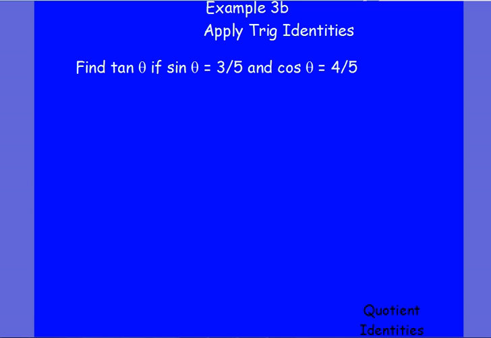Well, according to your quotient identity, tangent is what? What's the rule? Same thing, right? Tangent is sine over cosine.